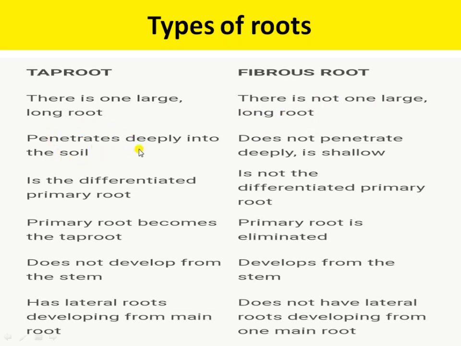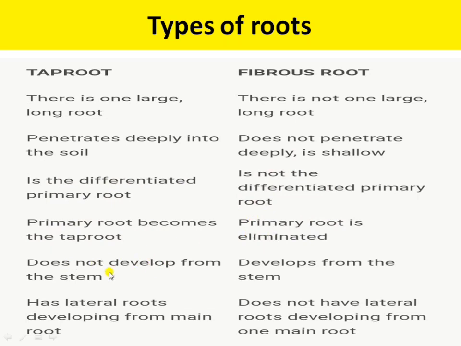Taproot penetrates deeply into the soil, but fibrous root doesn't penetrate deeply and is shallow. Taproot is a differentiated primary root, while fibrous root is not. In taproot, the primary root becomes the taproot, but in fibrous root, the primary root is eliminated.